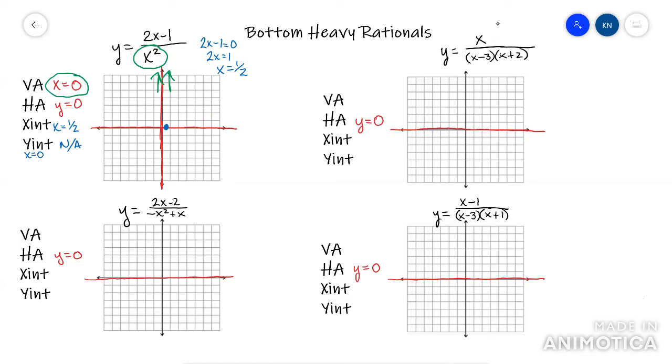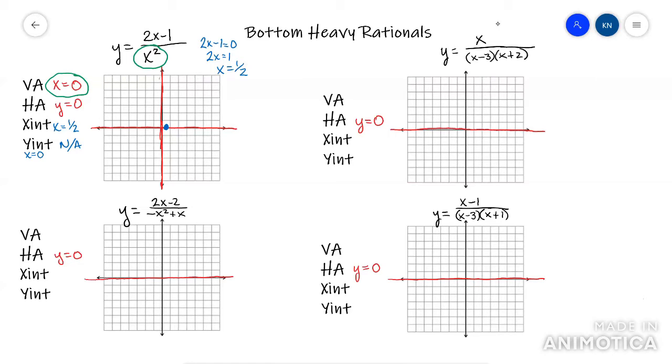So they could either both be going up or they could both be going down. They will not, however, be like this and go opposite. This is super important to know, and it's going to help you so much when you're graphing these. So the fact that it's degree 2 means that the arrows must go the same direction, either both down or both up.